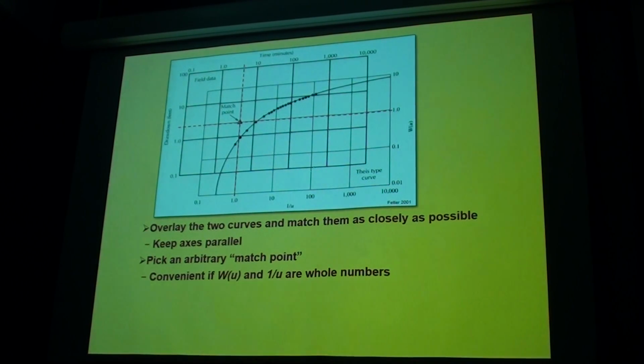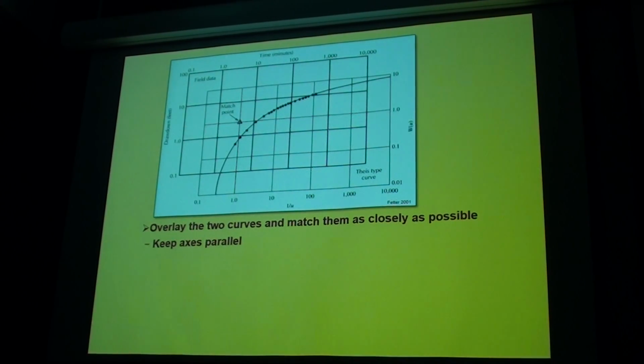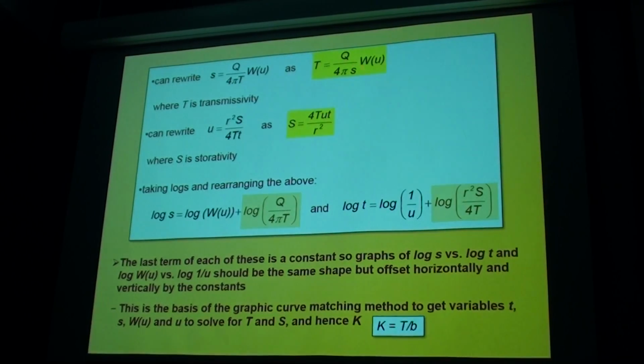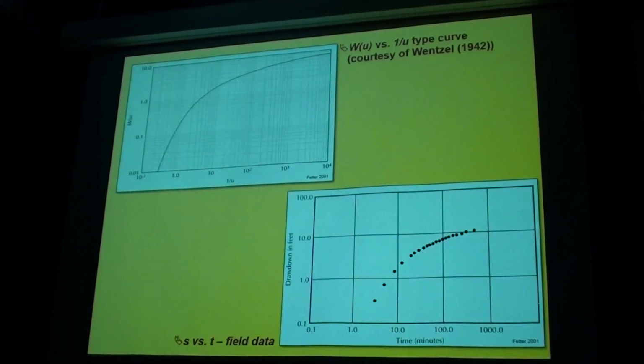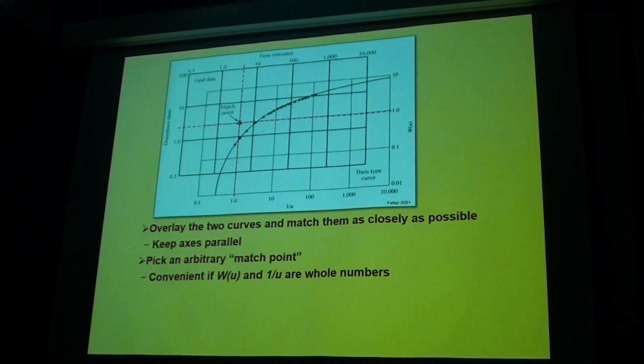Do we need those four numbers for anything? We do. We need a value of s, little s, a value of little t, a value of 1/u, or u, and a value of W(u) to go into these. Right? That's how you can get them.